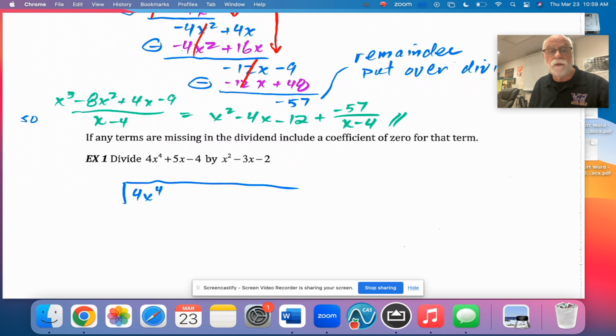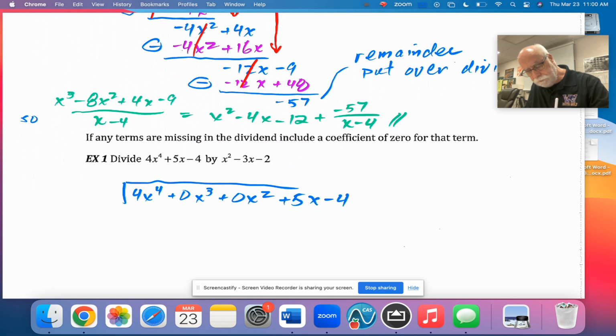There's no x cubed term, so we're going to put plus 0x cubed. And then plus, well, we don't have a squared term either, so plus 0x squared. We have an x term. And then we have minus 4.